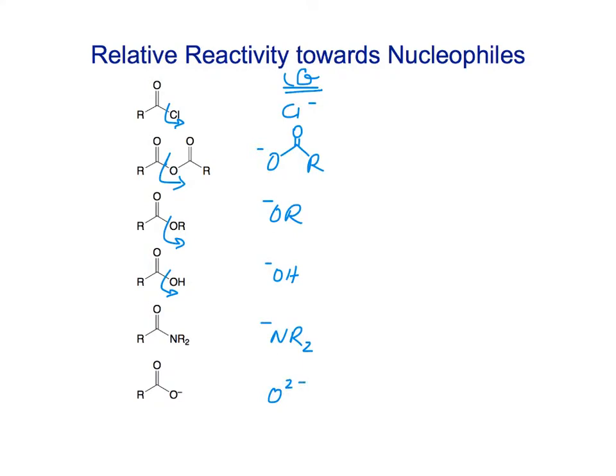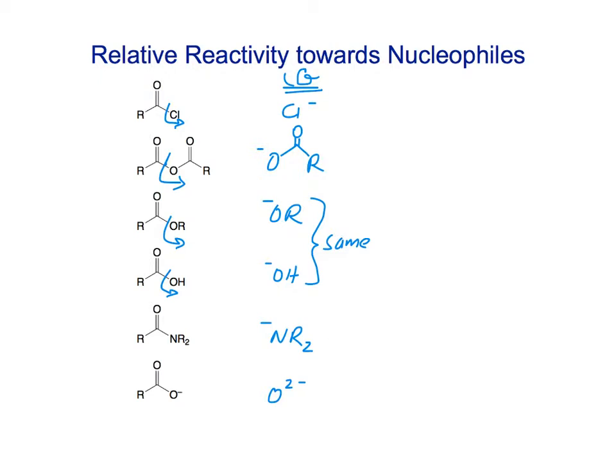Okay? So, is there any order to the list that I have up there right now as far as leaving group ability? Best to worst. Yeah, so it's really listed as best leaving group to worst leaving group, with the exception of these two, which are really about the same.